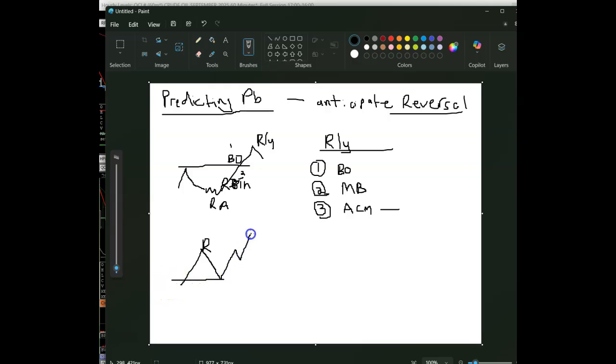And that's where it will likely have a reversal. All right? So we're going to examine rallies now. Sometimes they'll have breakout bars. Sometimes the breakout bar will be the markup bar. But in either case, we're looking for the accumulation area.